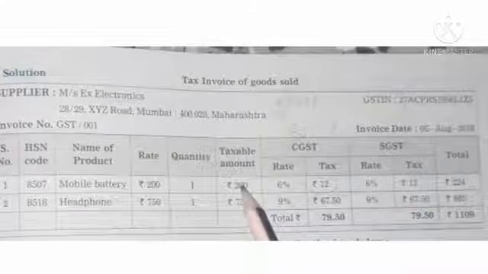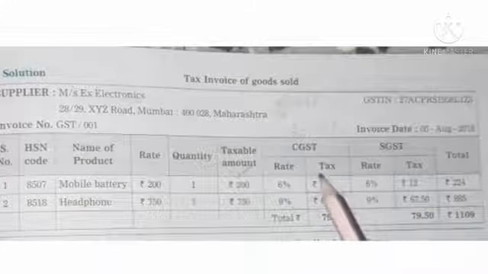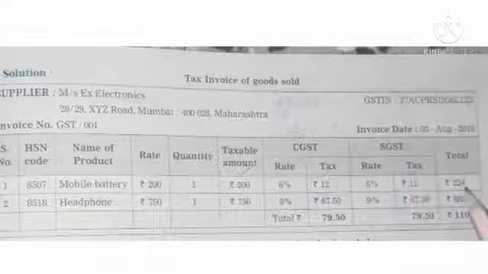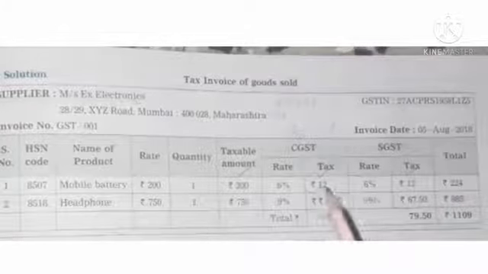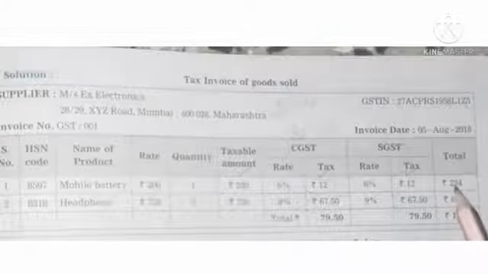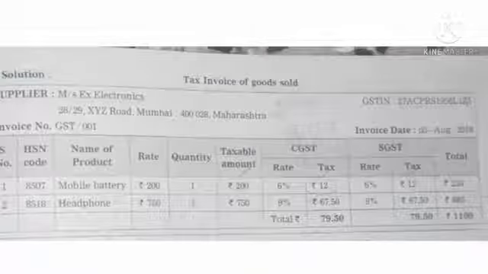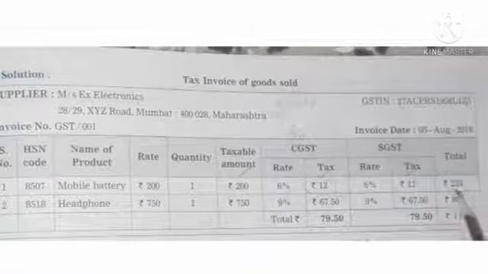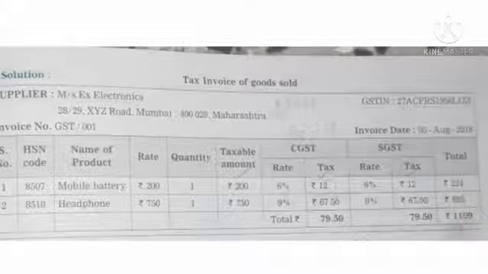So how to find total value? Taxable value plus CGST plus SGST, we get the total value. 200 plus 12 plus 12, you get 224.